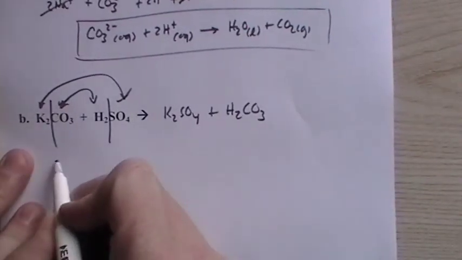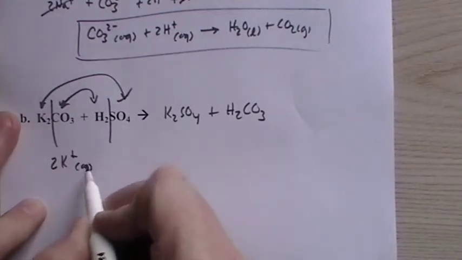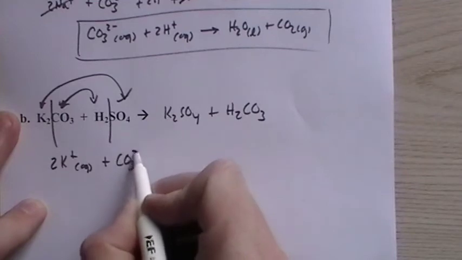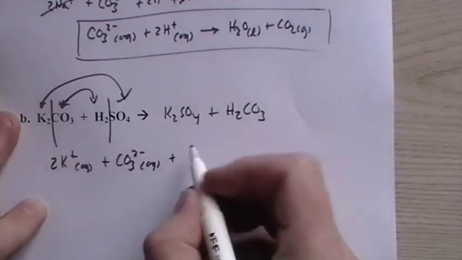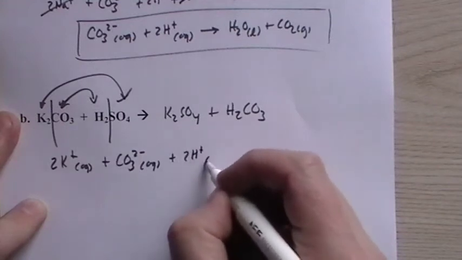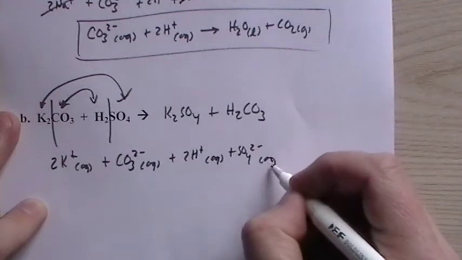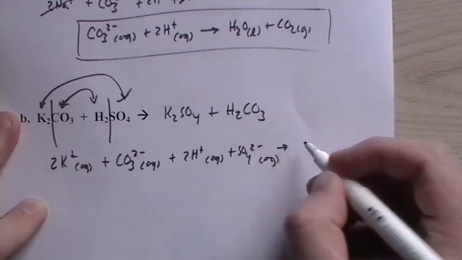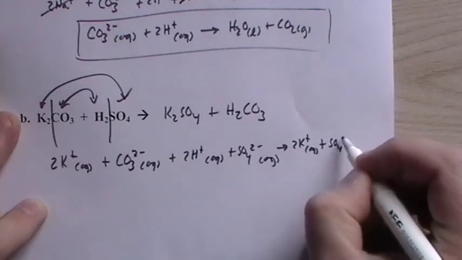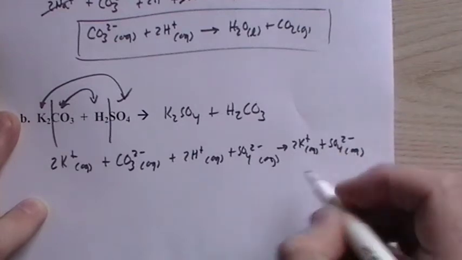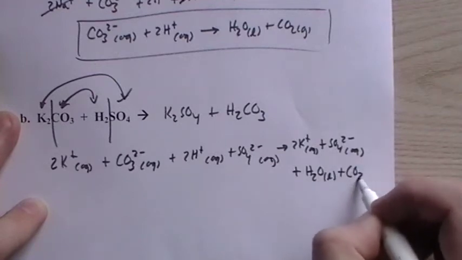So then come down here and write out, since I only want the net ionic equation, you don't have to worry about the molecular. You just complete it so that you can figure out what's going on. Sulfate. And I'm putting in the phases just out of habit, but you certainly don't need to do that on this step just because we're trying to get to the net ionic equation.